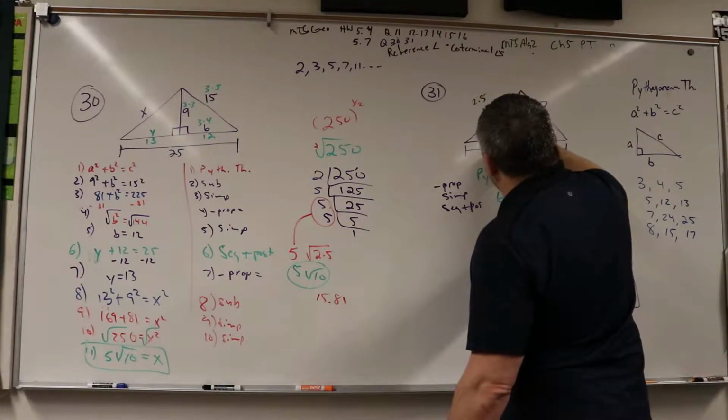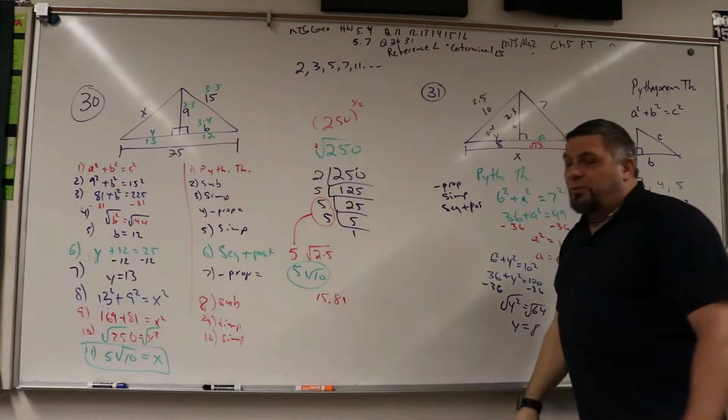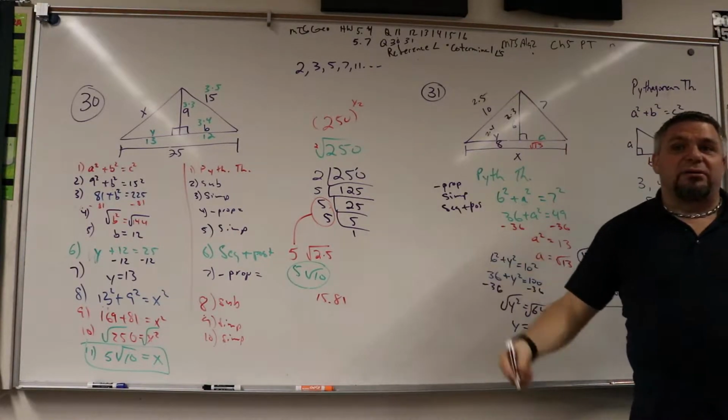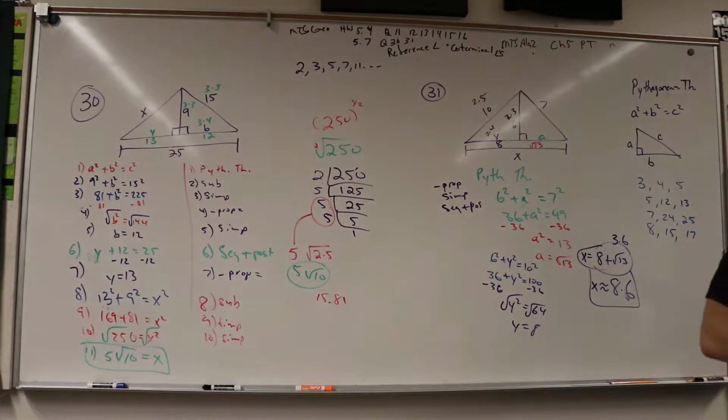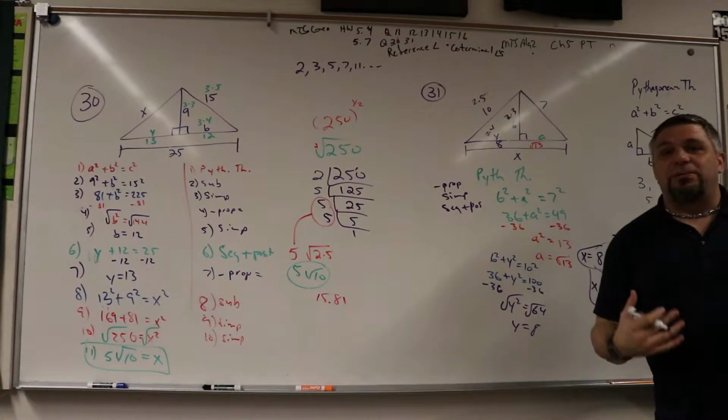So, if this was 2 times 4, then what would it be? Because it's a 3, 4, 5 triangle. Then what would this side be? 2 times 4 is 8. See how we could have found that side without using the theorem? So that's the way you want to use that Pythagorean triple.